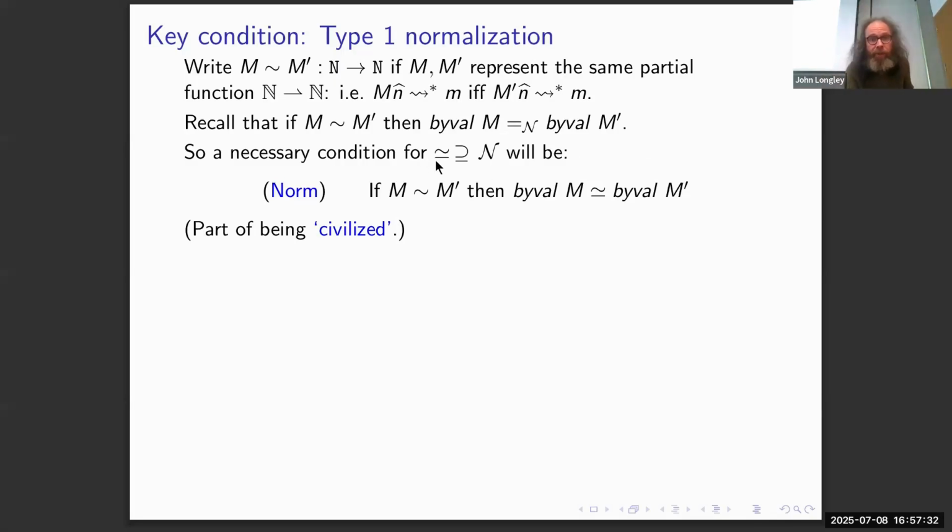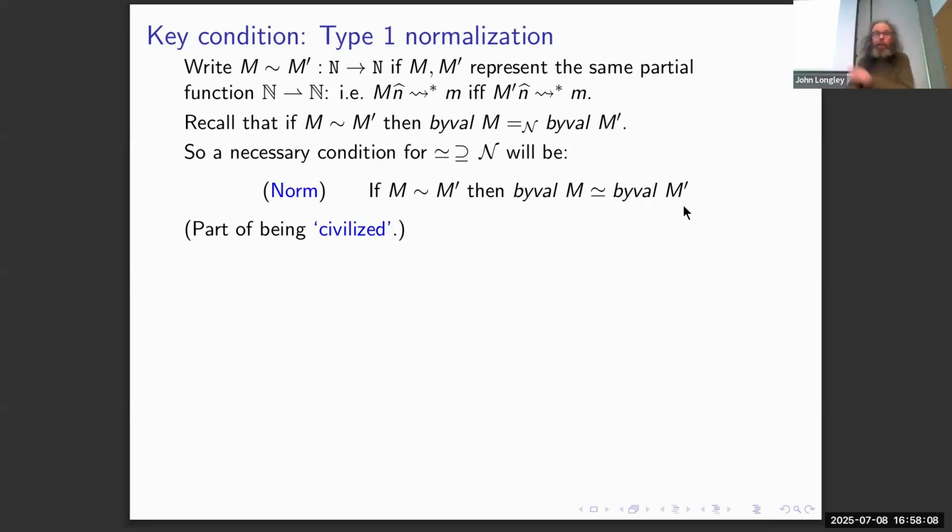So if we're hoping that our observational equivalence contains N, a necessary condition will be that bival acts as a kind of normalizer for type 1 functions. You can start with two type 1 programs that represent the same type 1 function, although they need not be observationally equivalent in the bigger language; they might do different numbers of evaluations of their argument or something like that.